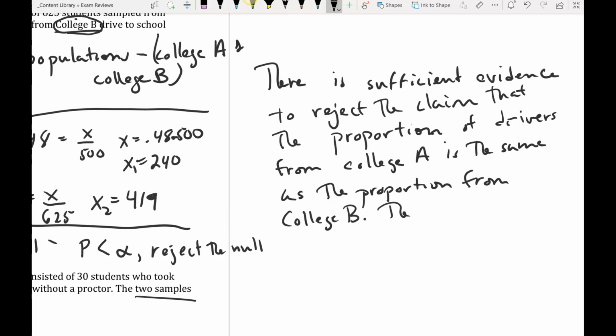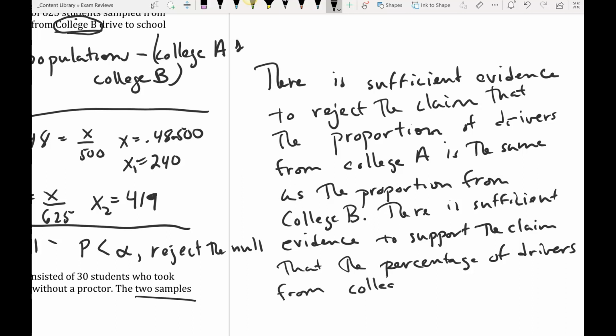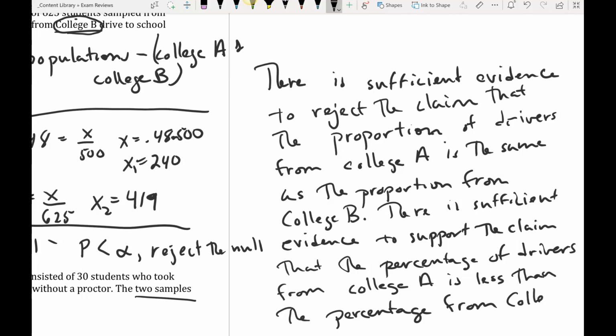And what exactly am I saying? There is sufficient evidence to support the claim that the percentage, and we can just use percentage in this case, because same thing, of drivers from college A is less than the percentage from college B. Okay?